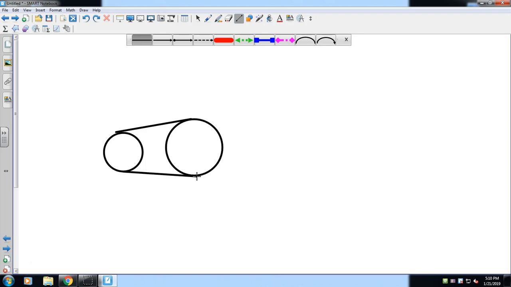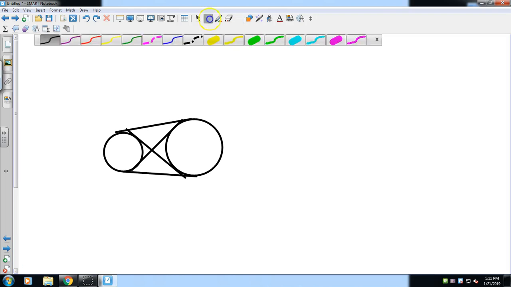I can also draw, and these are going to be a little bit more difficult, common tangents this way. Okay, so anytime that I can draw a segment and it can intersect both of them, that is a common tangent.